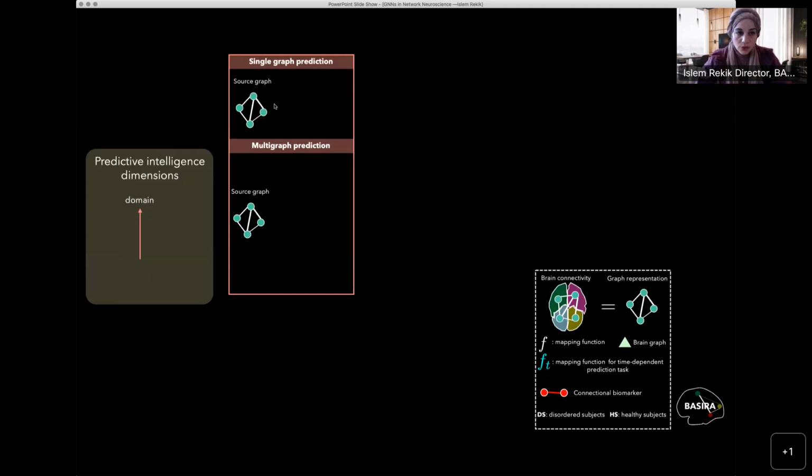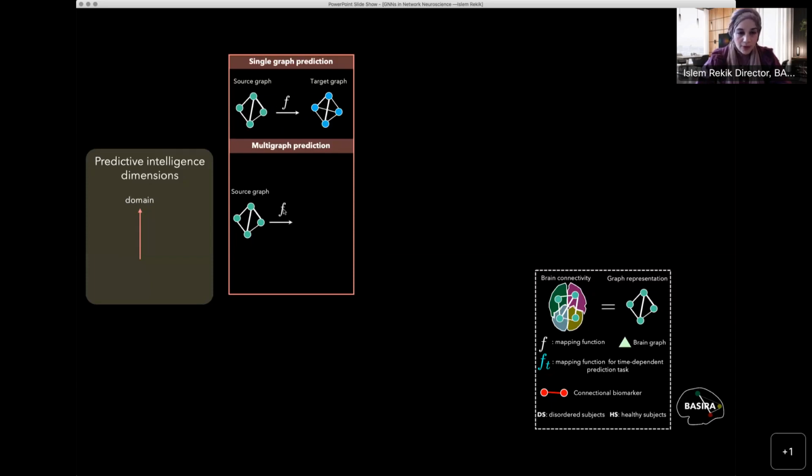So given a source graph, we aim to learn a mapping or build a neural network or deep learning model to predict a graph in a completely different domain. For example, here we learn how to infer or predict functional connectivity from morphological one. And these are completely different domains. They give you different information about the brain and how it works.